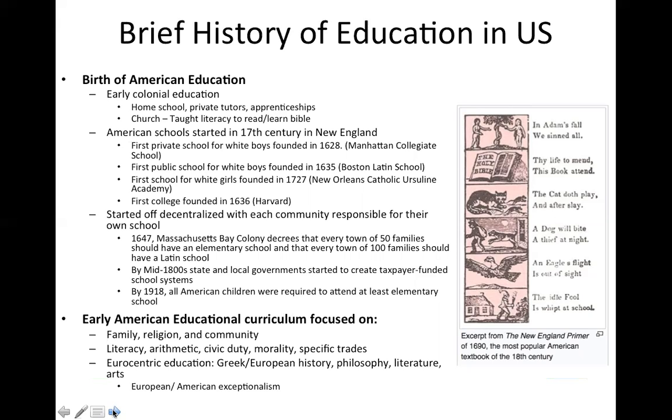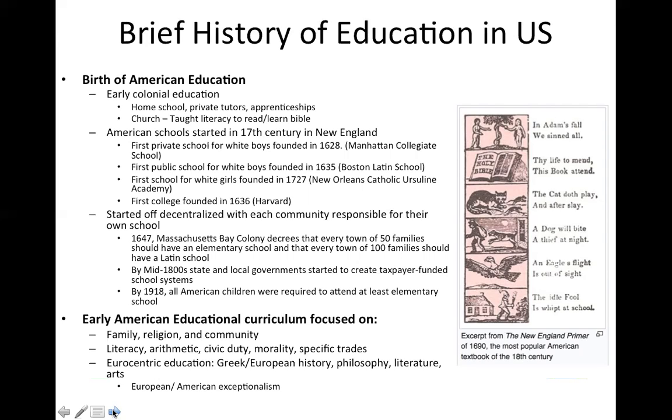Kids were homeschooled, or families that had wealth could hire private tutors, and then you also had apprenticeships. So you had guilds. If you were training to be a leather worker or metal smith, you would receive additional education through your apprenticeship. But it was very basic.